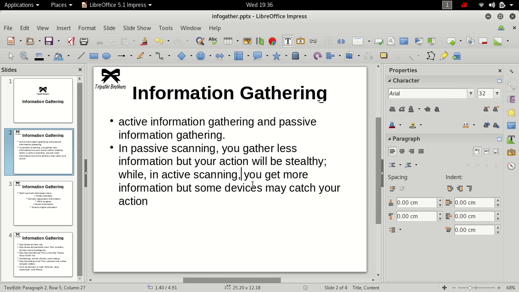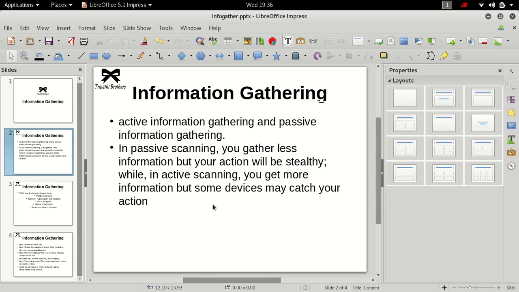While in active scanning you get more information, but some devices may catch your actions. As I already said, in active scanning you interact with your target or host directly, so they may have installed some security-related hardware, and it may log your IP address or your host information.